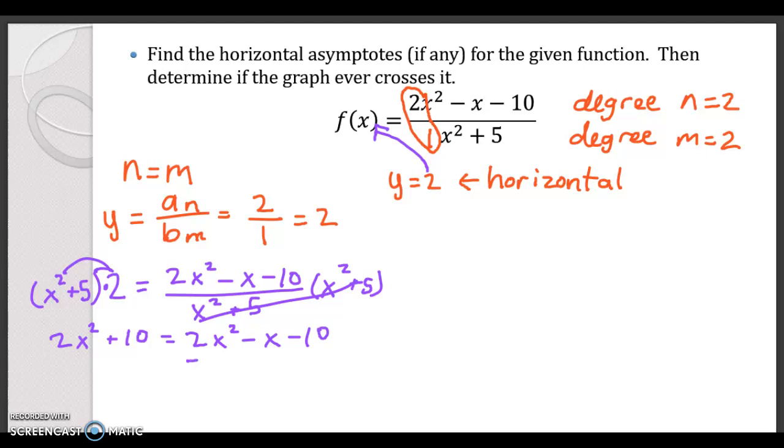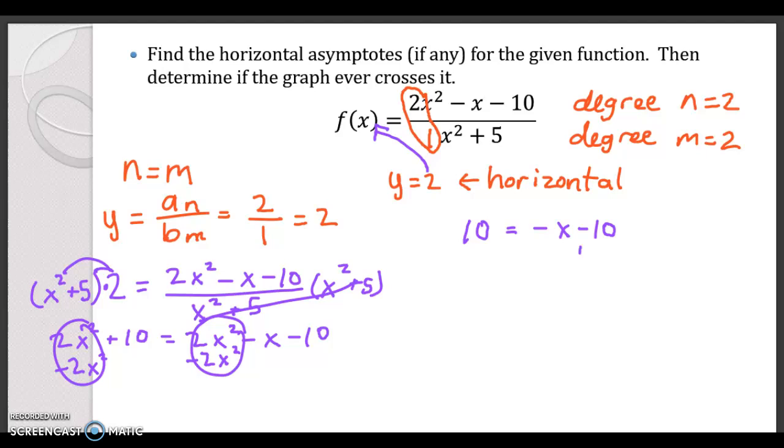So I can do some algebraic manipulation here. Subtract 2x squared from both sides. That's going to go to 0, and that's going to go to 0. So I'm left with 10 equals negative x minus 10.